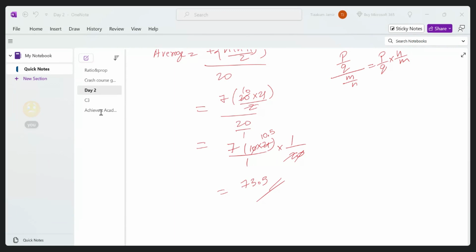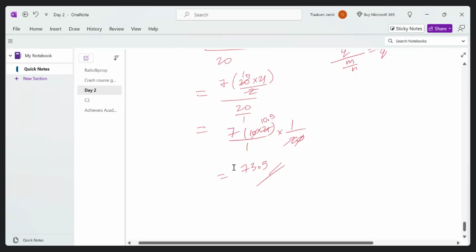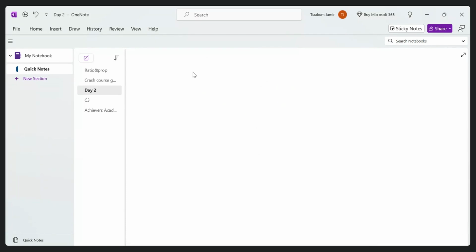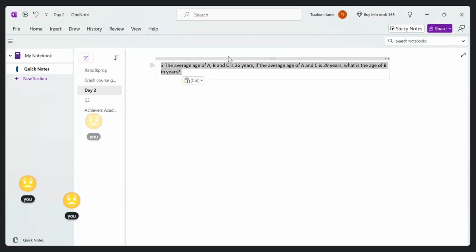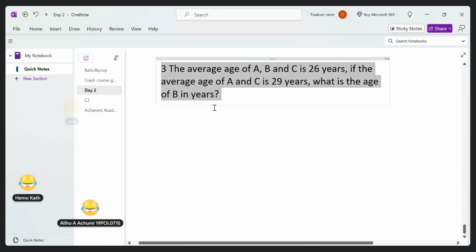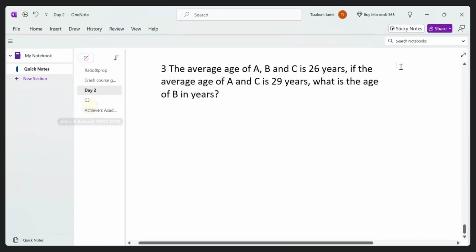Now this average, let's check. Average questions can be in heavy. It says the average age of A, B, and C is 26 years.